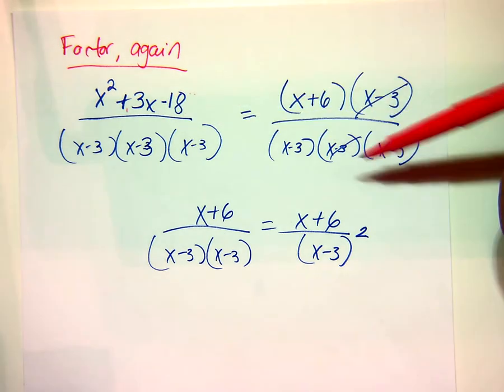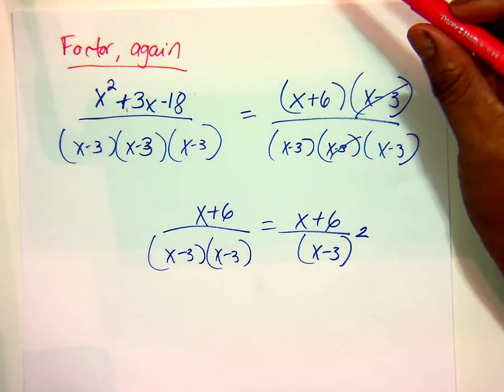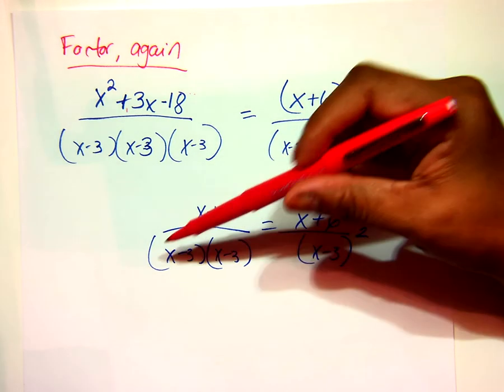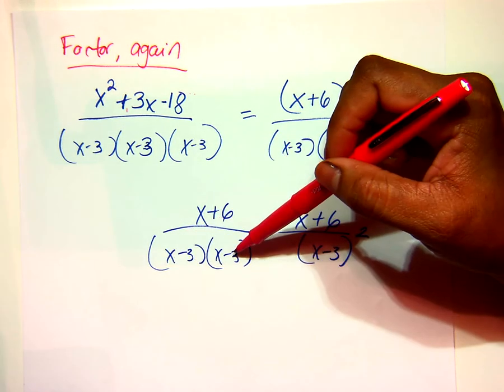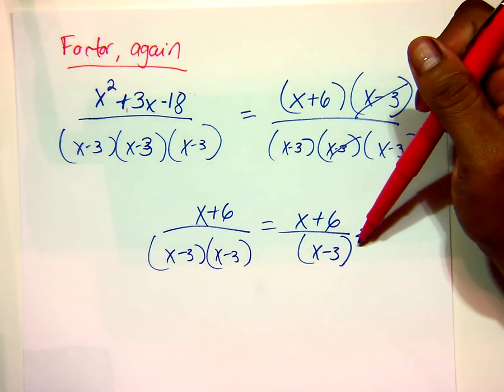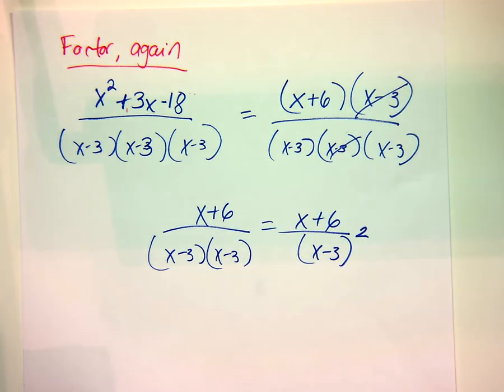But that term is negative, so therefore the negative went to the 6. Notice how these two cancel out. So now you're left with x plus 6 over x minus 3 over x minus 3. Another way of writing x minus 3 twice is just to put it to an exponent of 2. So, we are finished with that particular example for factor.